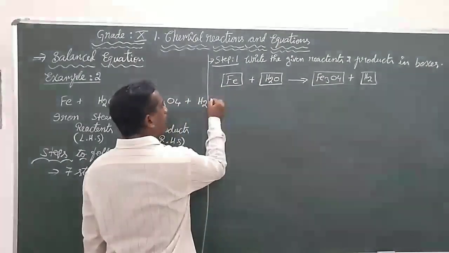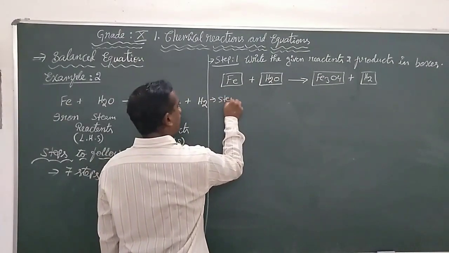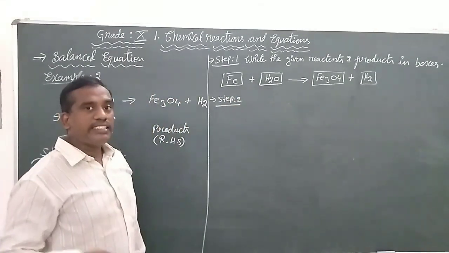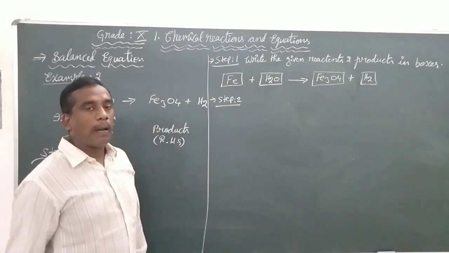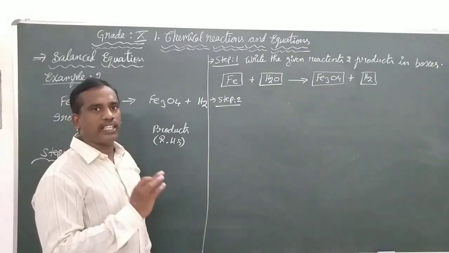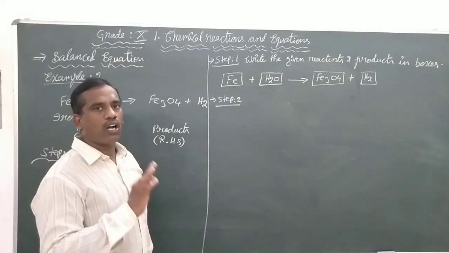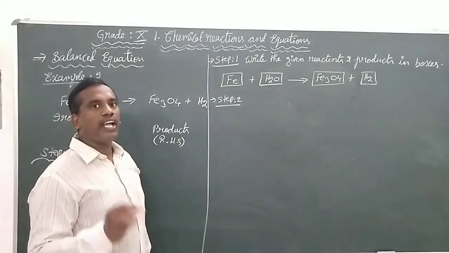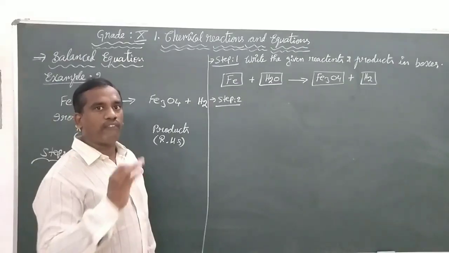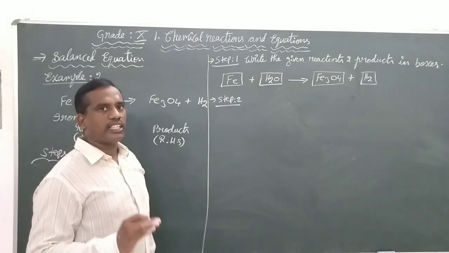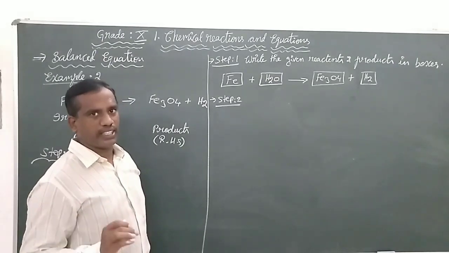Now the step 2 is write the equation again, but you find what are the elements present in the overall chemical equation and identify the number of atoms of each element present on the LHS and also on the RHS.